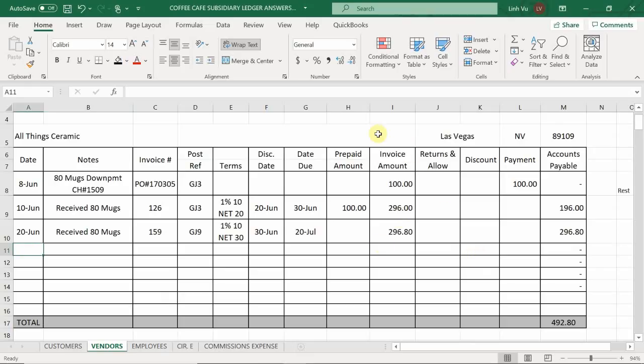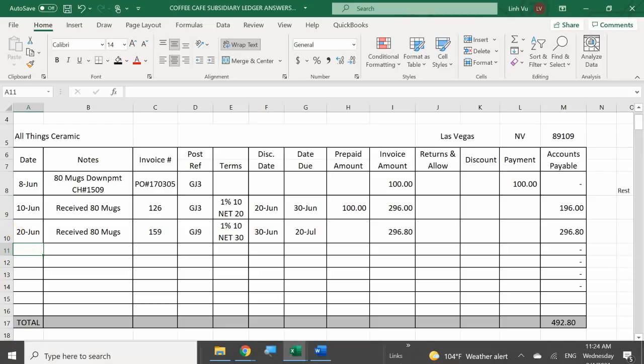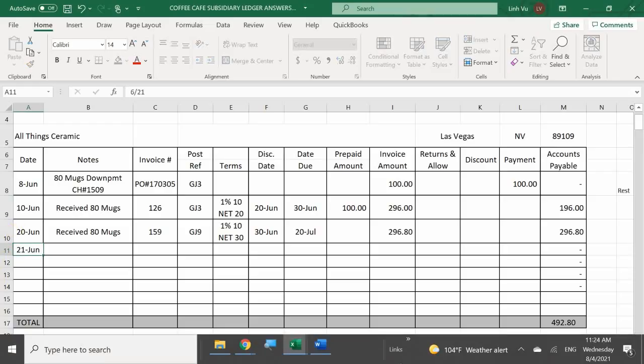See the section for returns and allowances? I returned stuff. So in this case, it is June 21st. I want you to keep this separate because it is a separate entry, right? This is another transaction that happened.